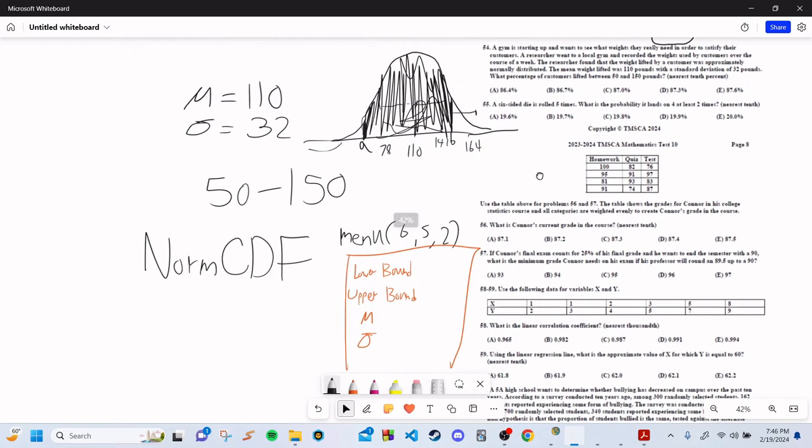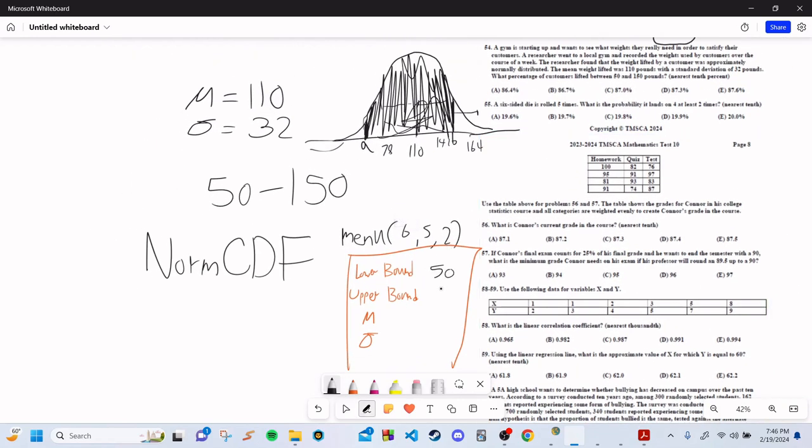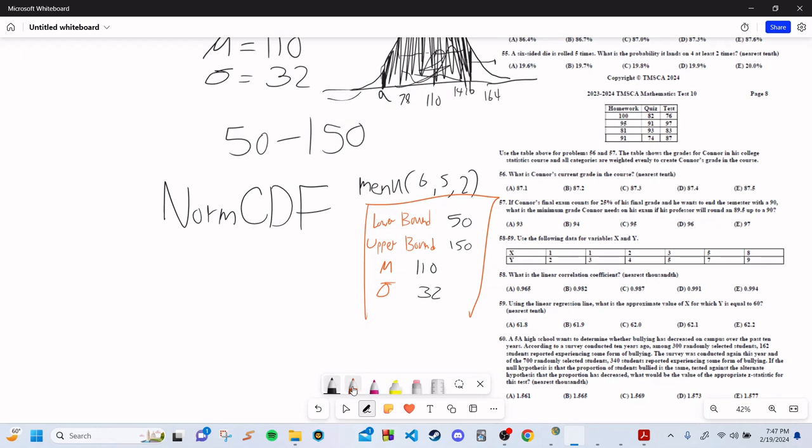So inputting these values, our lower bound is 50 and our upper bound is 150, because we want to know between those two values. Our mean is going to be 110, and our standard deviation is going to be 32. So if you type those values into your nSpire, click OK, then it outputs 0.864.